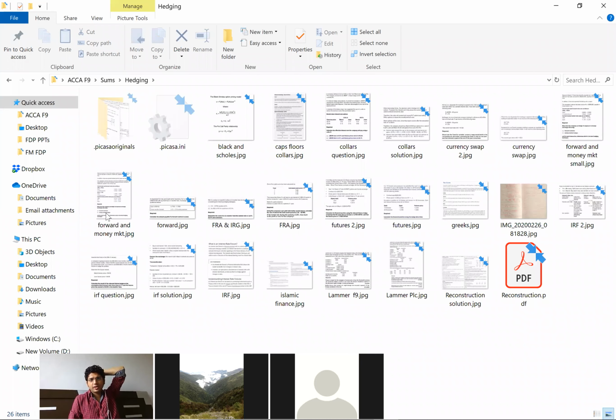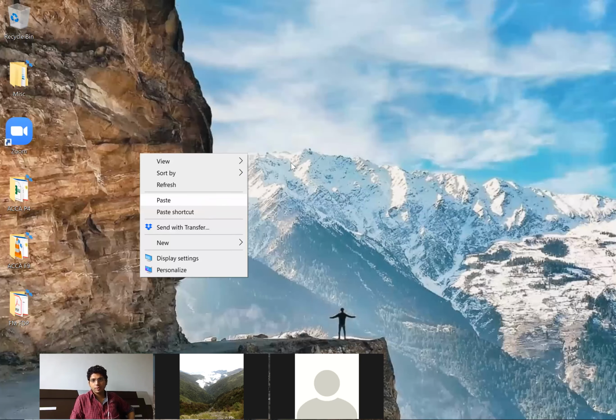And I want you guys to solve it as if it is a 20 marks exam problem. So I want all the details. Whatever assumptions you are going to make, whatever working notes you are going to make, you are going to write it.